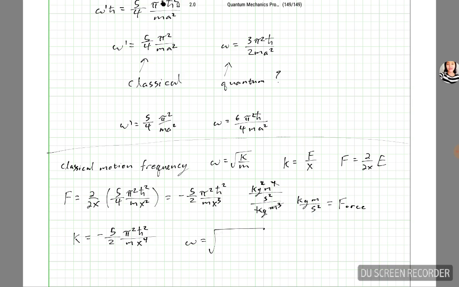So now I'm just going to use the absolute value. 5/2. And then I take that divided by mass, so the mass is going to cancel out. So I just, oh no, it's not. It's just going to be squared. There we go. I suppose I should have written that a bit better. So 5 pi squared over 2 m squared x to the 4th.